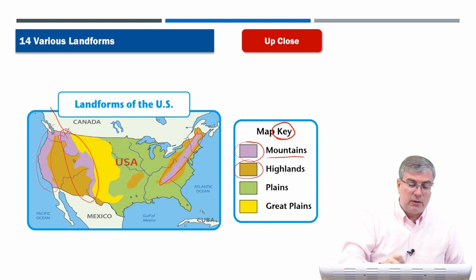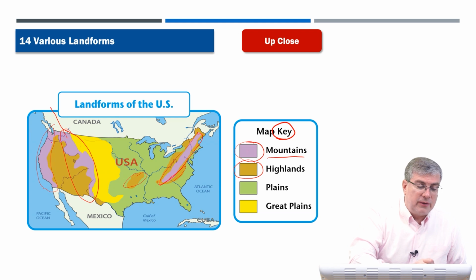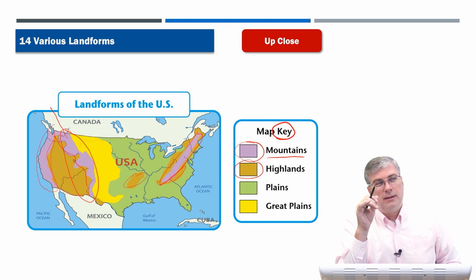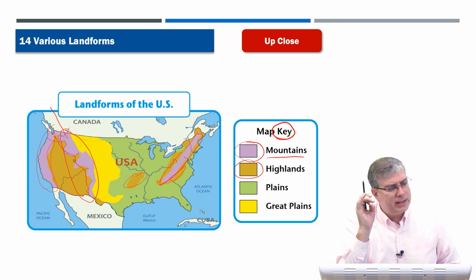And of course, you'll find those near mountains. You find the plateaus here by the Appalachian Mountains. You do have some plateaus right here in the middle, but this is also very famous, this high plateau. We call it the high plateau area. It's also called the Intermountain Plateau, or the Great Basin.